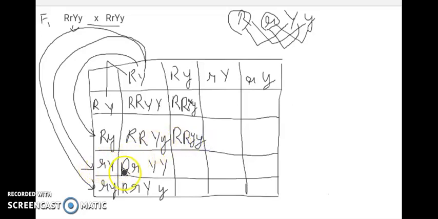And then the next gamete will combine with this one and form capital R, small r, capital Y, small y. Okay. And then this one will combine with this one and form capital R, small r, small y, small y. Okay, and now the next gamete again has to combine with all these four. So it should be capital R, small r, capital Y, capital Y.